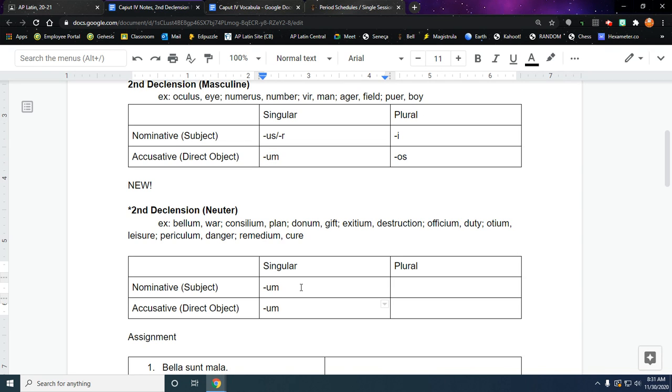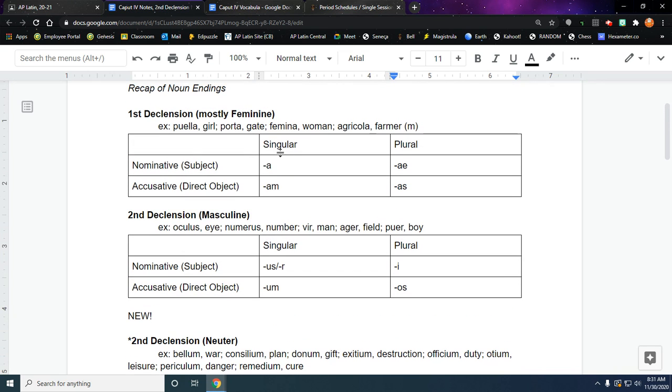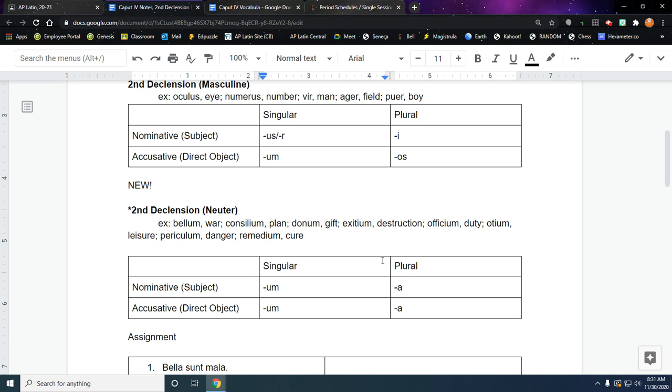All right, so really nothing crazy so far. But what's crazy in the plural is this A form. And like I said, nominative and accusative are always the same. So you're used to A being a subject singular ending for first declension nouns, but for second declension neuter nouns, it's actually a plural ending. And that's the big catch.